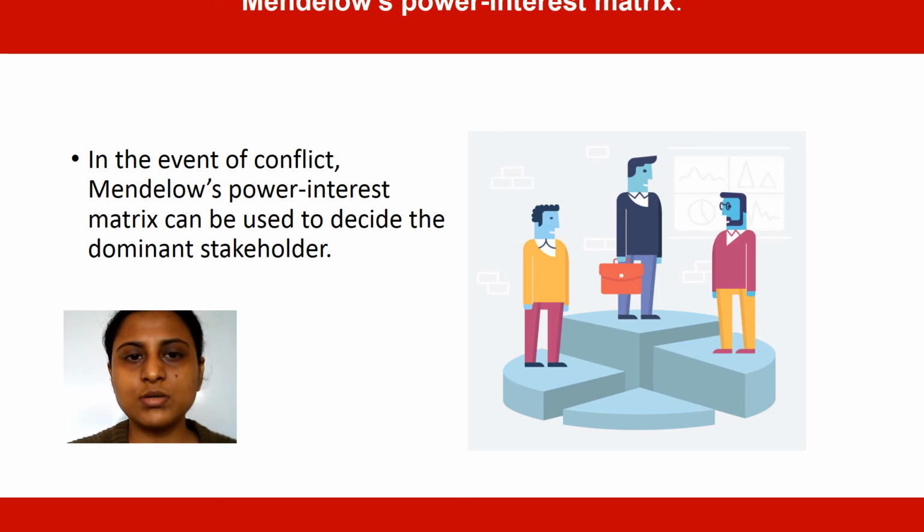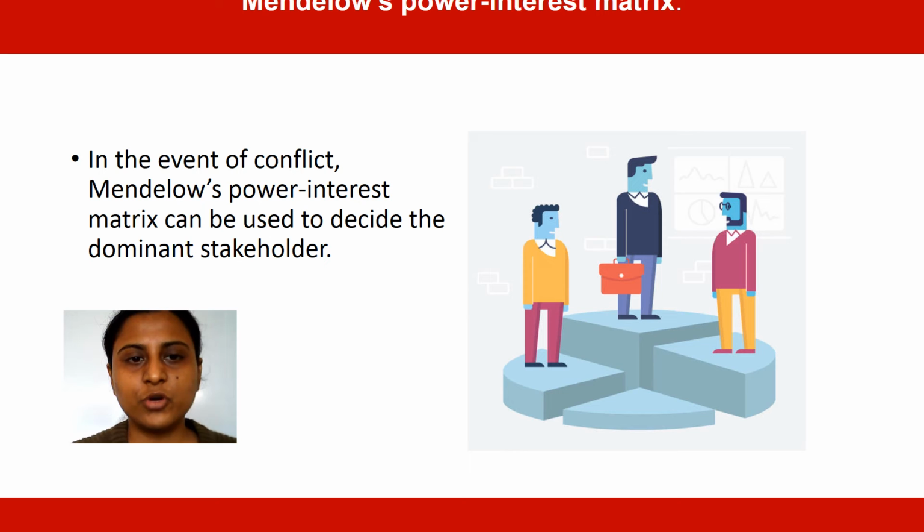Now Mendelow suggests that we analyze our stakeholder groups based on power and interest. Power here refers to the bargaining power, or the right or ability to exert influence over the organization's aims and generally the way it conducts itself.